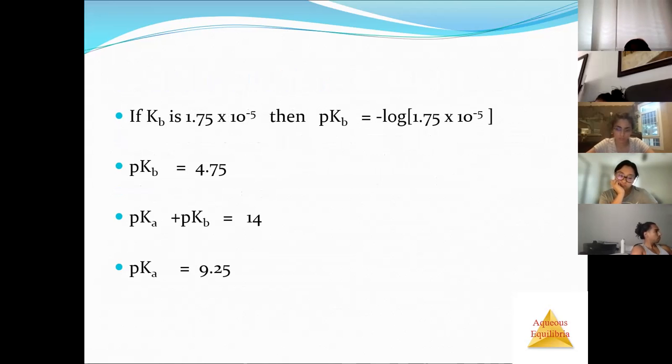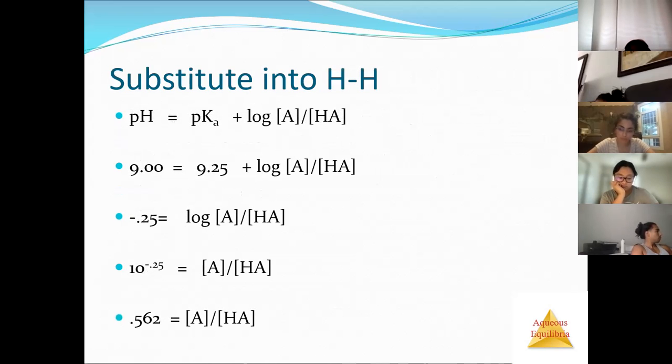So if my pKb is equal to 4.75, my pKa is equal to 9.25. Substitute this into my Henderson-Hasselbalch. The pH I want is 9. I just determined what the pKa is. Subtract the pKa from the pH, I get a negative 0.25.